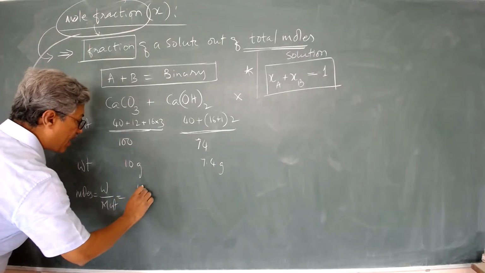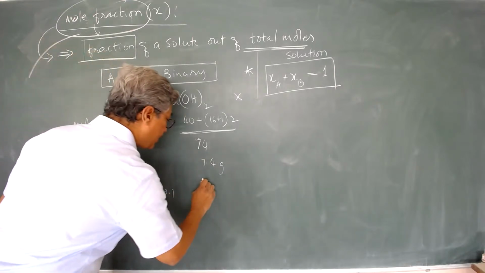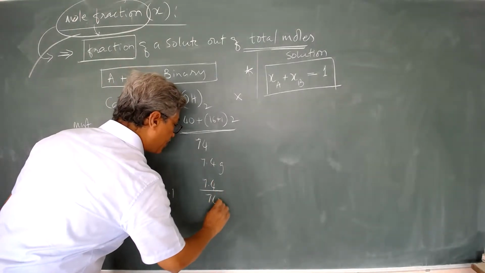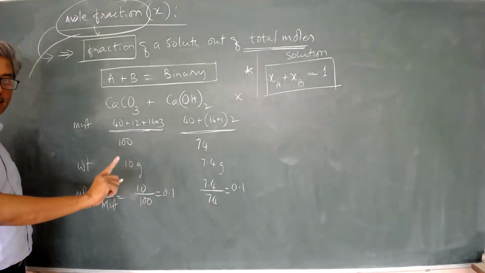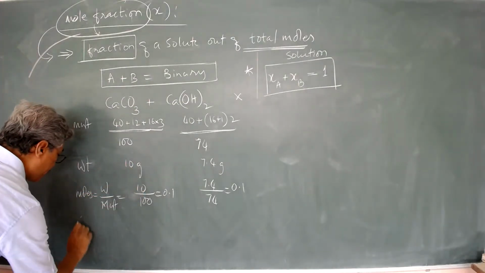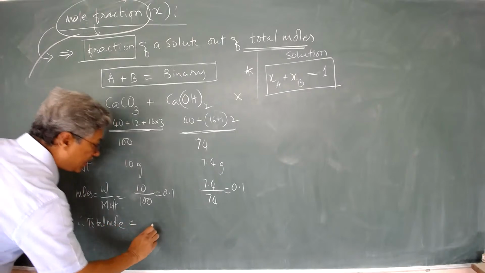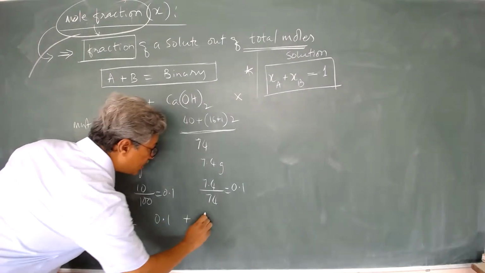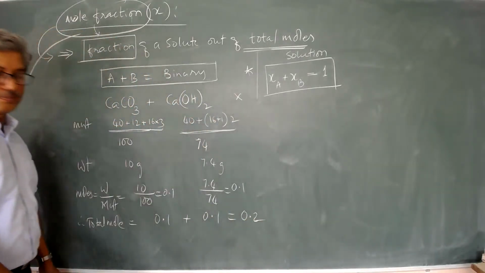So it will be 10 divided by 100. This will be 0.1. Then this will be 7.4 divided by 74. This will be 0.1. That means the number of moles is 0.1 each. Then total moles will be 0.1 plus 0.1. Therefore, total moles will be 0.2.